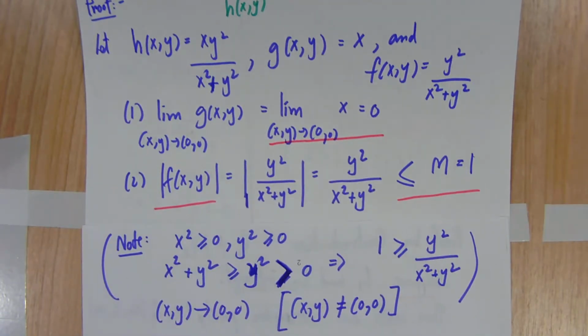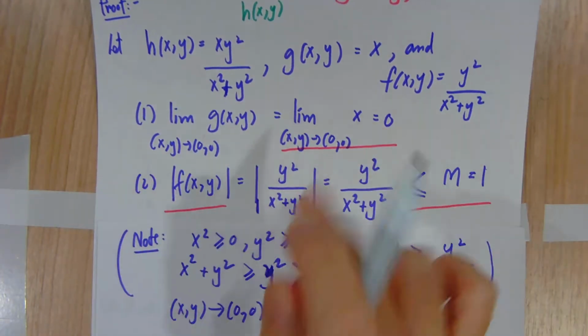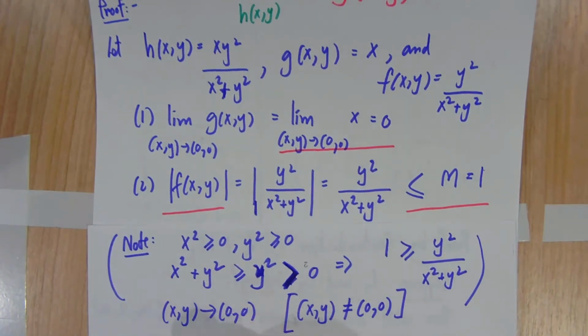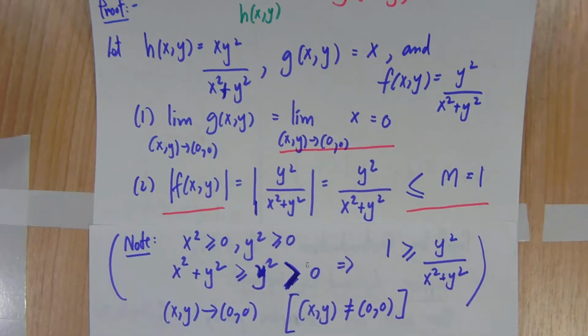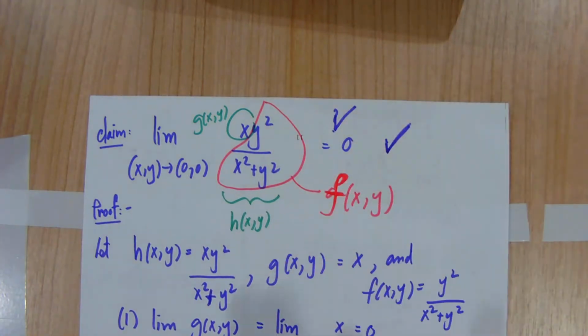So from conditions 1 and 2, now we can conclude that the limit of the function h also equals 0, okay. So that means this also equals 0. It's true, okay.